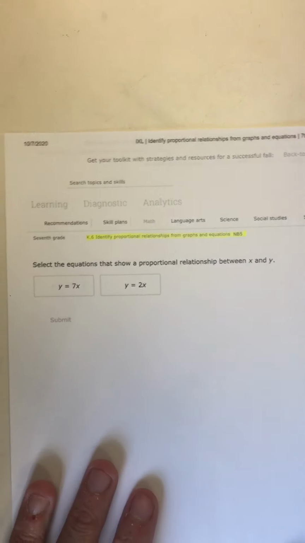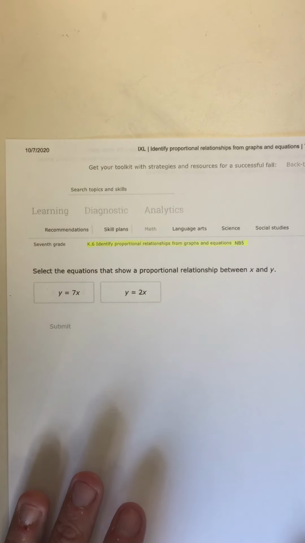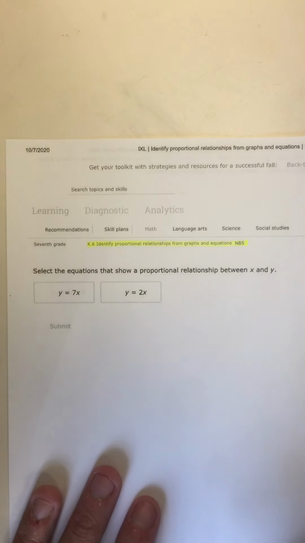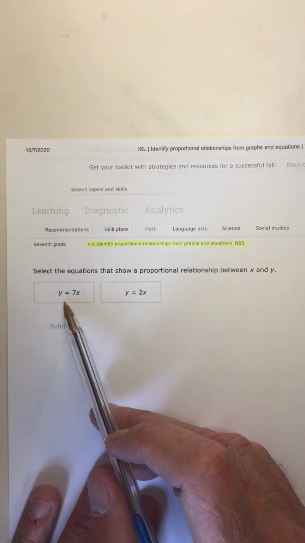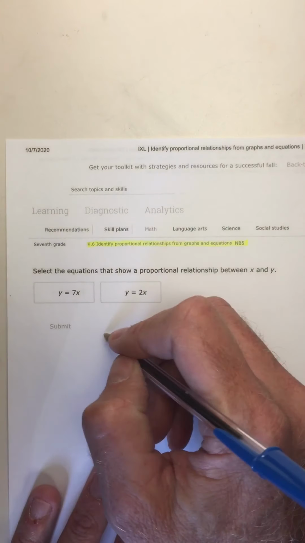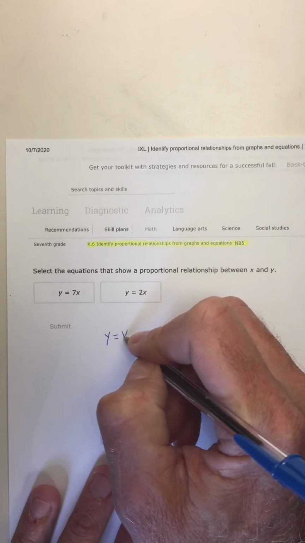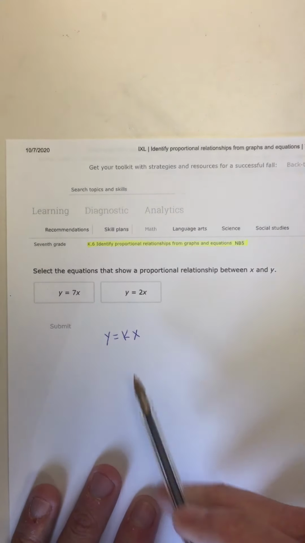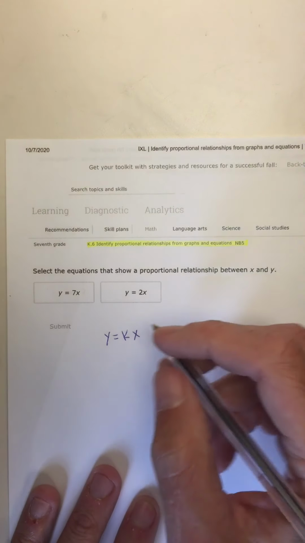Let's look at another one. This is a little different. This is in fact an equation. Remember on the previous IXL, where we did IXL K5, we came up with the equations for the proportional relationships. Now when we did it, remember the process was we started with y equals kx, and then we found the constant of proportionality.